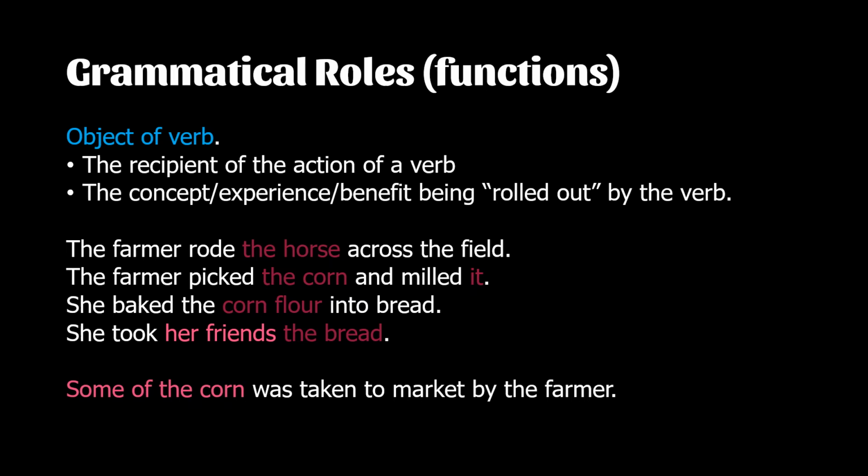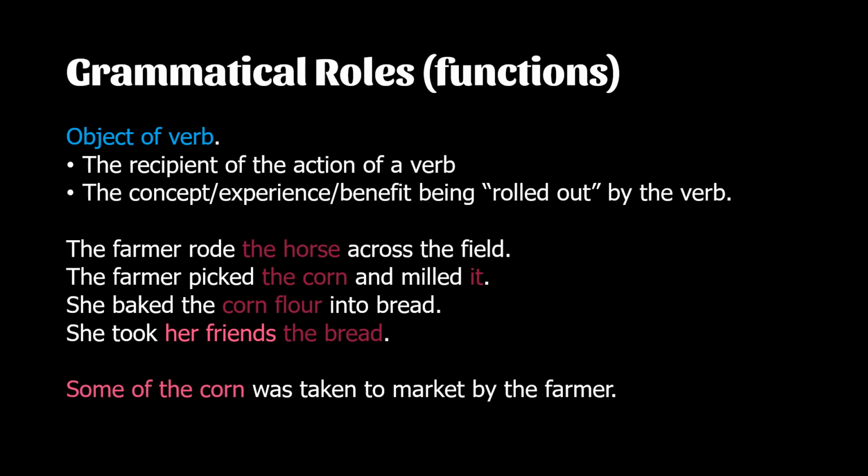However, not all verbs are an action that is acting upon another thing or person. So in that case, the verb kind of has an experience or a benefit, or some kind of concept that's more abstract that is being rolled out. And the object is the thing that is impacted by that.